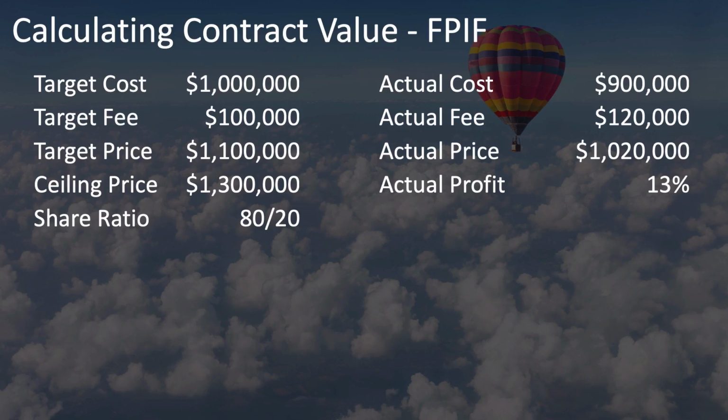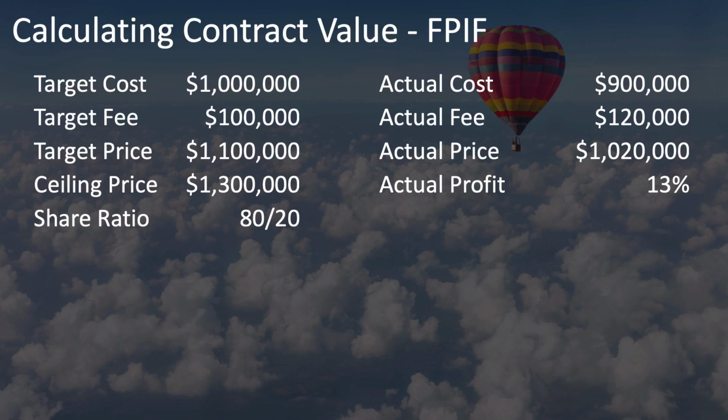The actual price, the total amount that the buyer pays to the seller, is the actual cost plus the actual fee for a total actual price of $1,020,000. You can then calculate the actual profit as the actual fee divided by the actual cost. That is $120,000 divided by $900,000, which comes to 13%. It's not bad, especially if it's only a 6-month project.